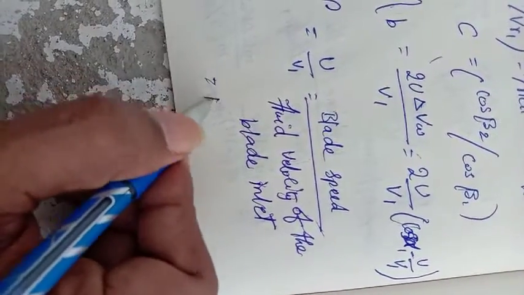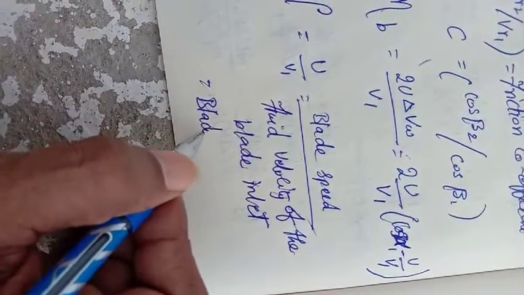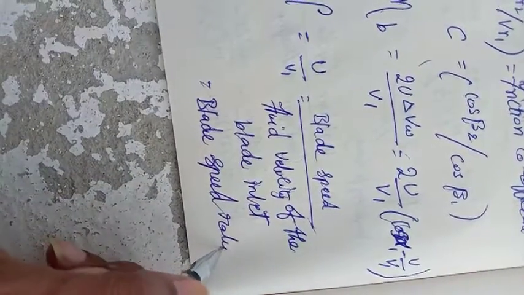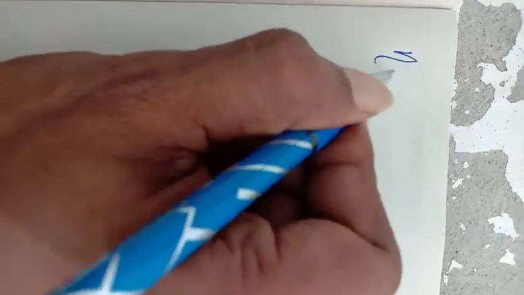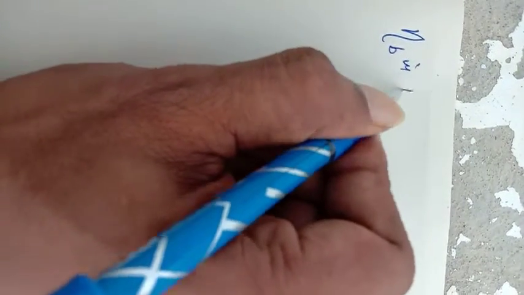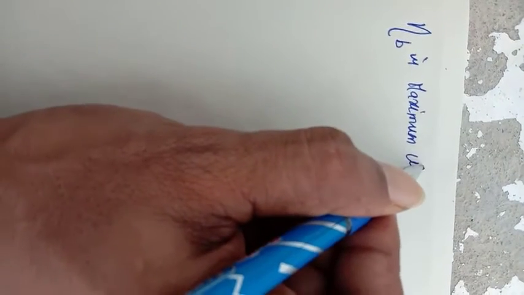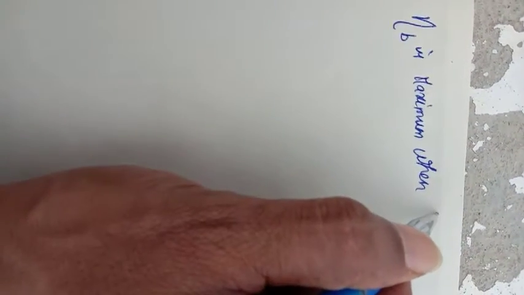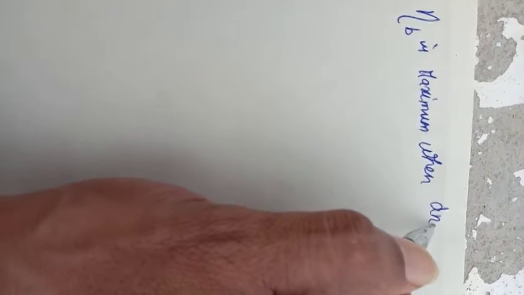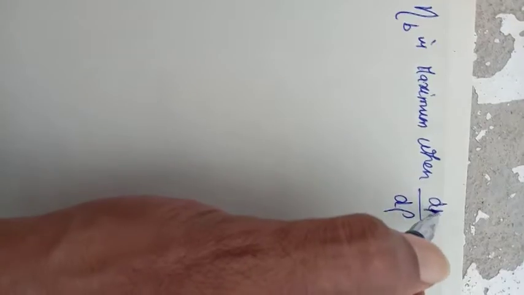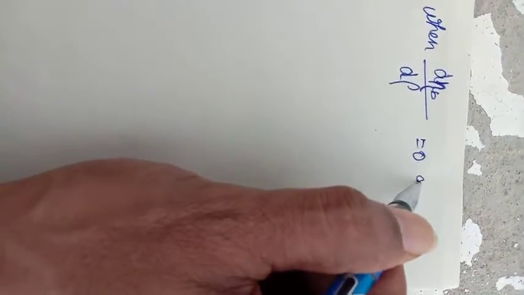That is called the blade speed ratio. Okay, now efficiency of blade is maximum where differentiation of efficiency of blade by differentiation of rho is equal to 0.